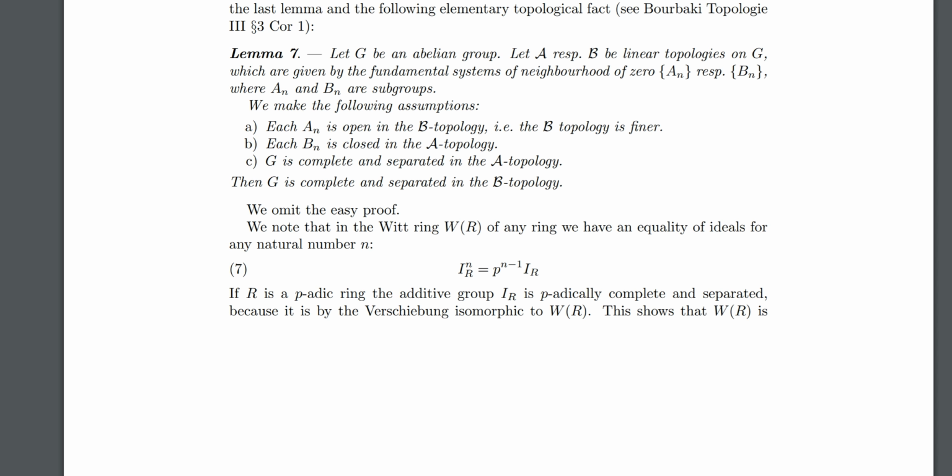You start from a coarser topology, you're complete, but you don't know whether you're complete again in a finer topology. So this tells you that it is if your open set of the finer topology is closed in the coarser topology.